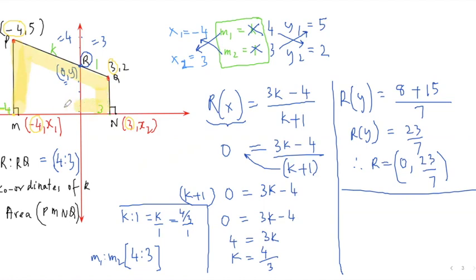So we've got to find the area of that quadrilateral. The area of a trapezium is the average of the parallel sides, right? These two parallel sides, you take the average.